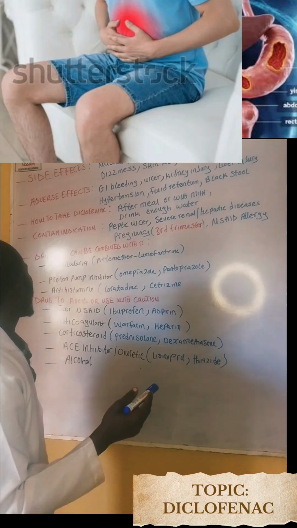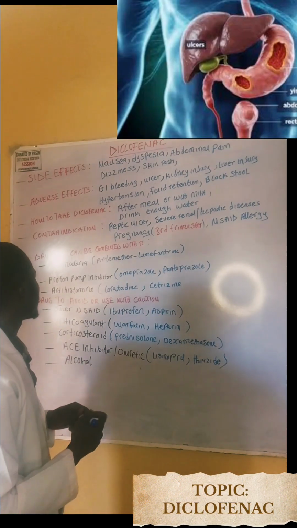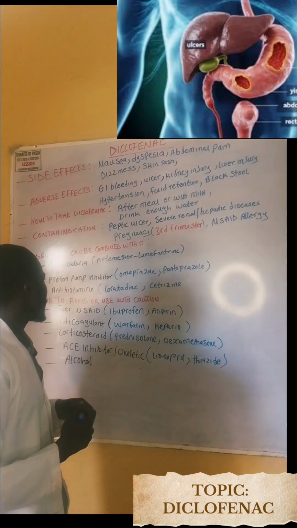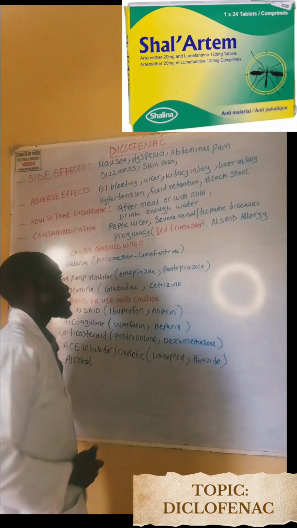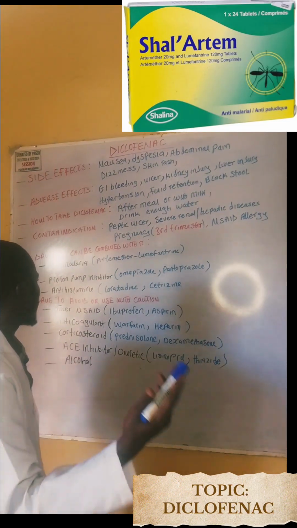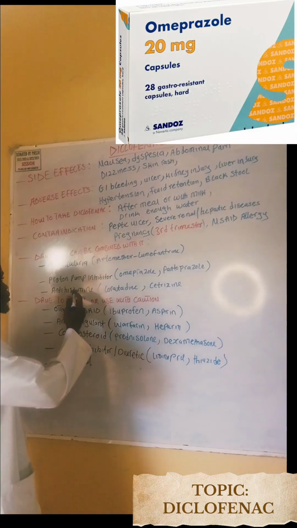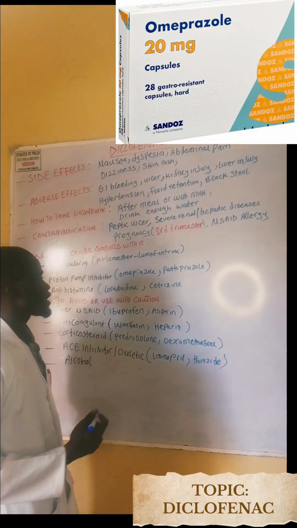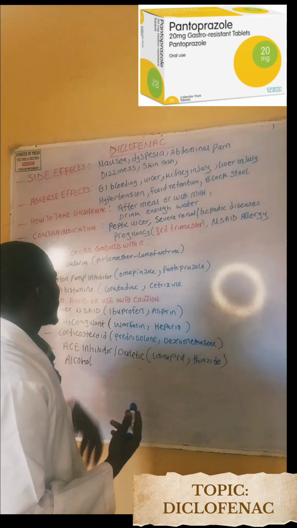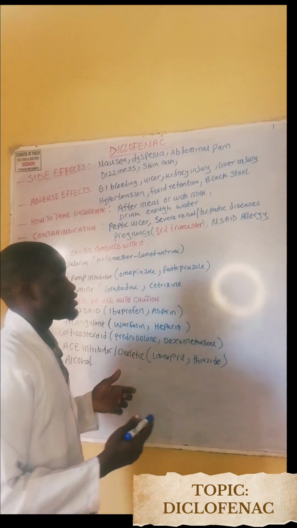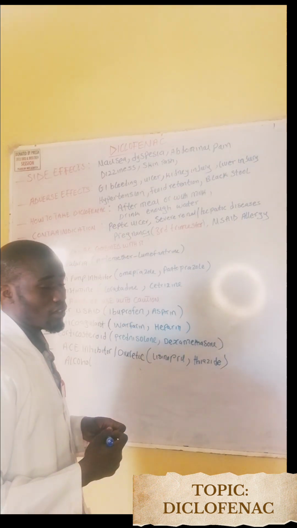It is in the NSAID family. And what are drugs that can be combined with diclofenac? One of them is anti-malaria drugs like artemether, lumefantrine, and others. And we also have proton pump inhibitors like omeprazole, pantoprazole. Why is it that omeprazole and pantoprazole are used with the NSAID family?